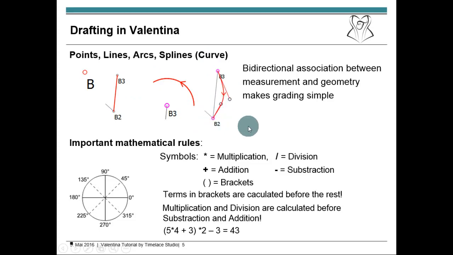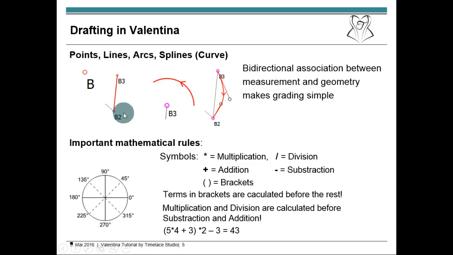And what is so amazing about Valentina is the bi-directional association, a difficult word, between measurement and geometry. What this means is really simple. If I change the measurement of this line, then the length of the line will change. And if I manually change the length of the line, then the measurement of the line will change.